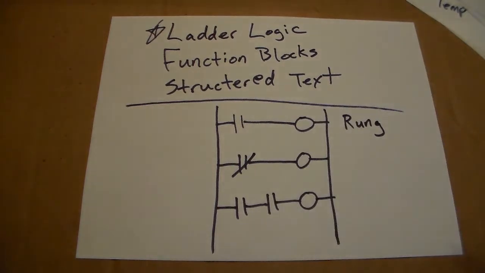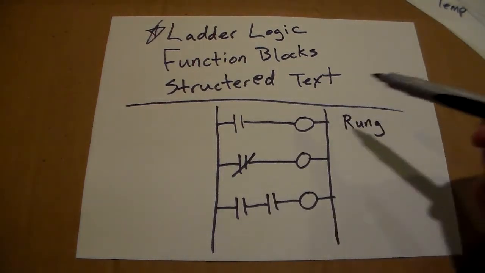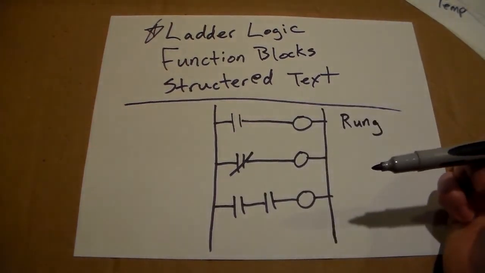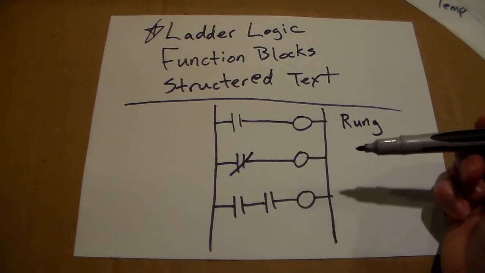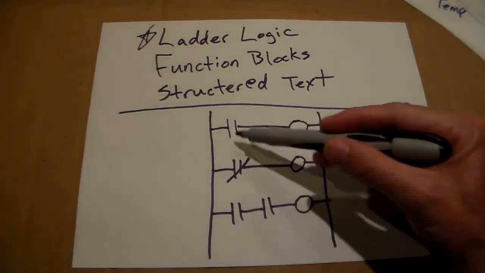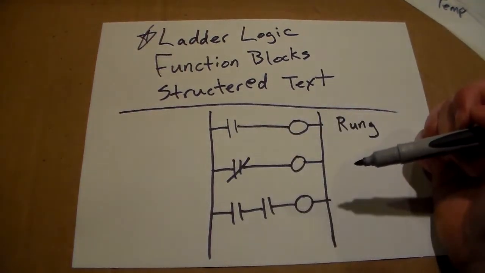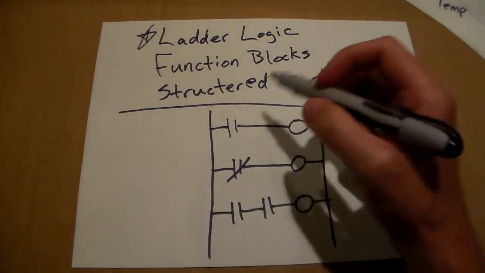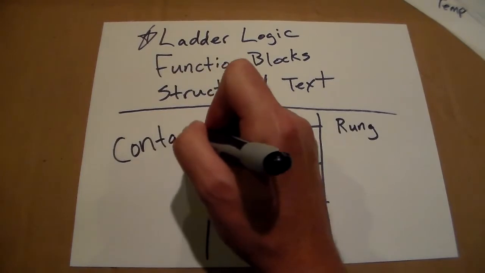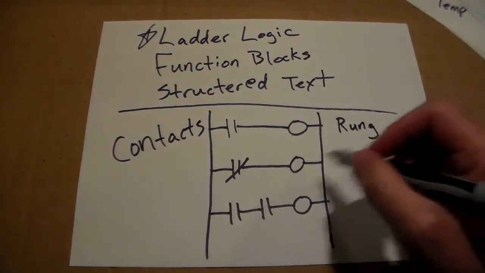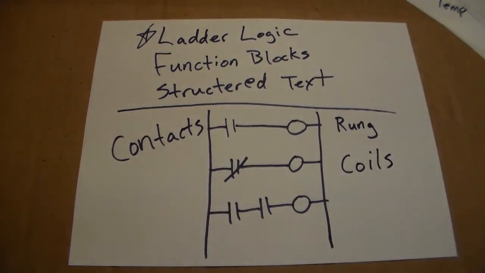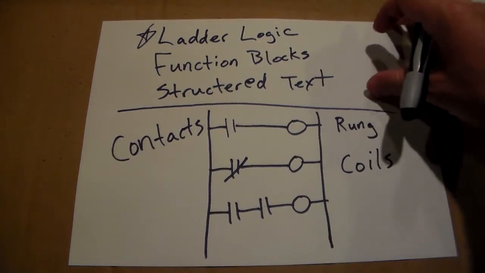When you read ladder logic, it goes top to bottom, left to right. Okay, just like reading a book in English. Top to bottom, left to right. And these are some different components of the program that are very common. These on the left are contacts, on the right, these are coils. So contacts and coils is where we're going to start.